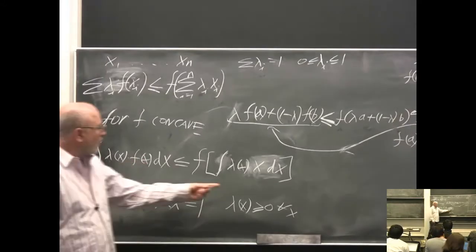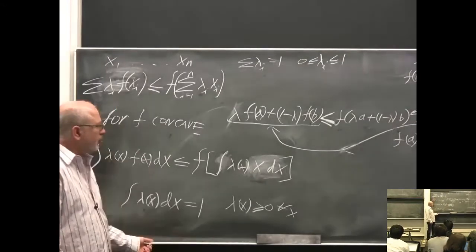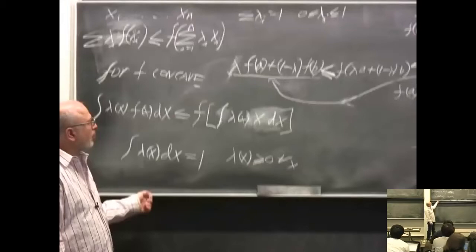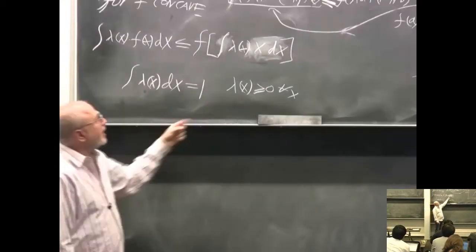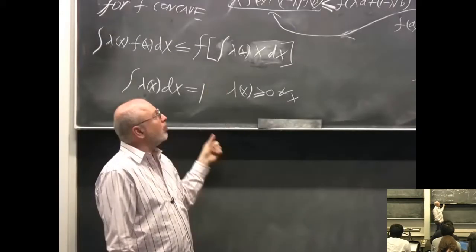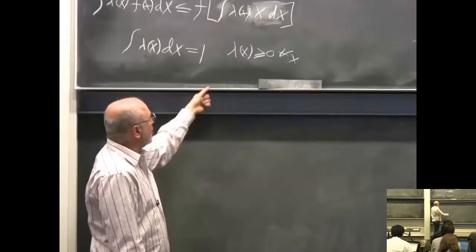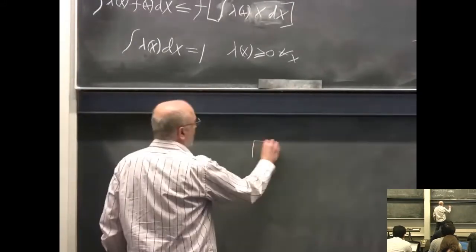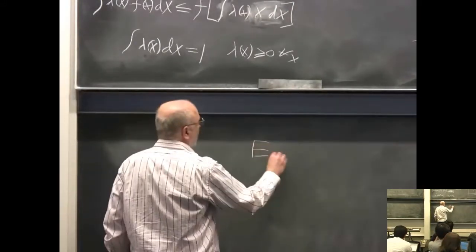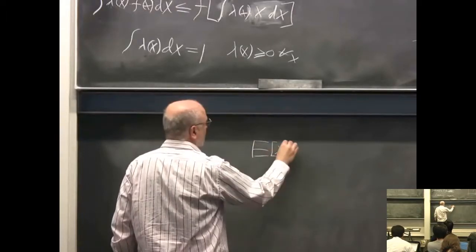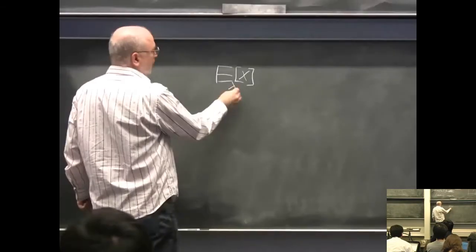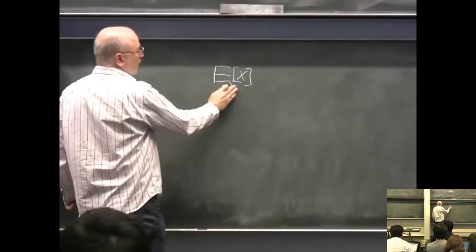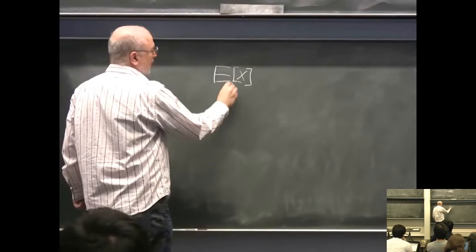This integration can be thought of as an expectation. The expectation of x under this probability distribution. So I can write it as expectation of x under some distribution lambda, which can be thought of as some probability. So let me use P, some probability distribution.